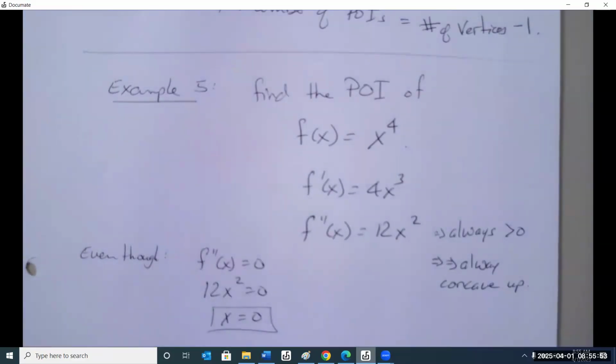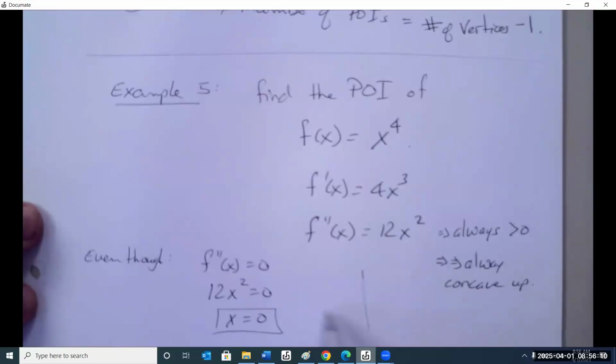That's my point of inflection. The graph looks like this pretty much.